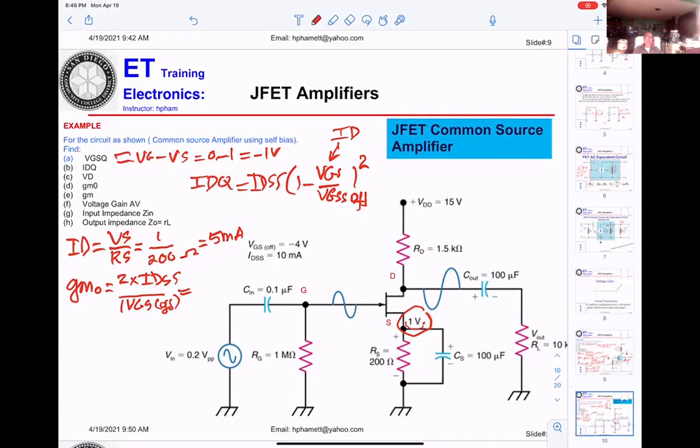The difference I think comes about because the 1 volt specified in the problem is not quite accurate. The actual source voltage would be a little bit different. But since it's given in the problem, you have to solve the problem using the source voltage of 1 volt and the source current, which is identical to the drain.